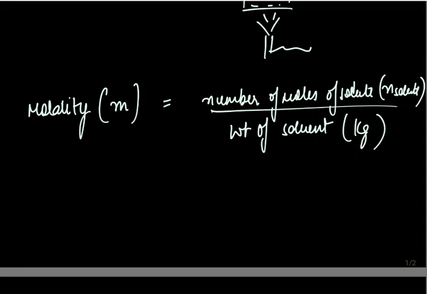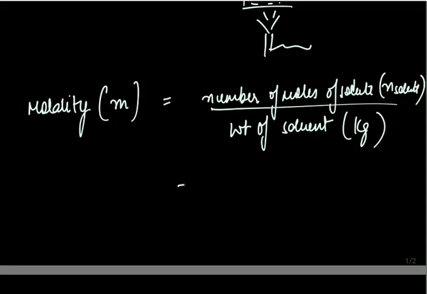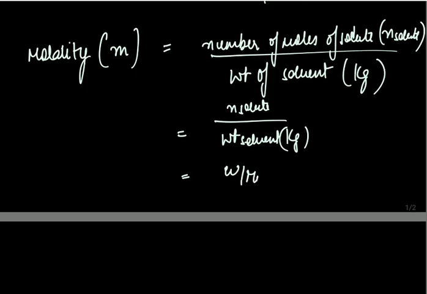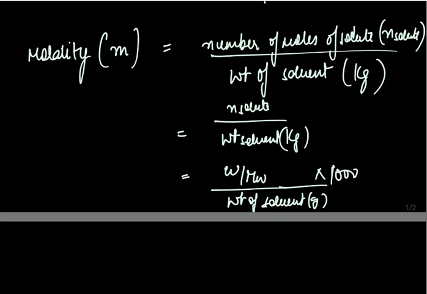It's never going to be volume of solution, it's the solvent that we're considering. You can even write it like this: weight of solvent in kg. If you want to expand the number of moles of solute, it is given mass divided by molar mass, then divided by weight of solvent. If the weight of solvent is in grams, again divide by 1000. So we need to remember that.